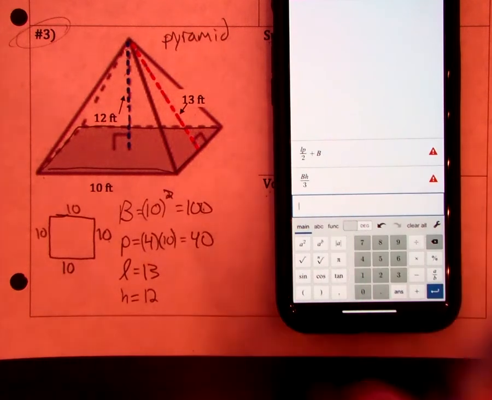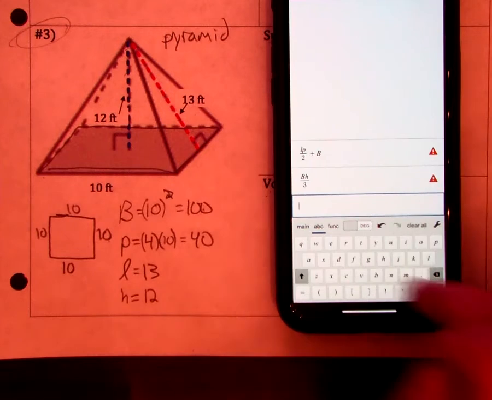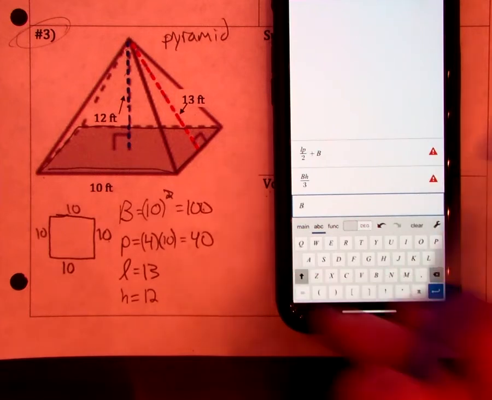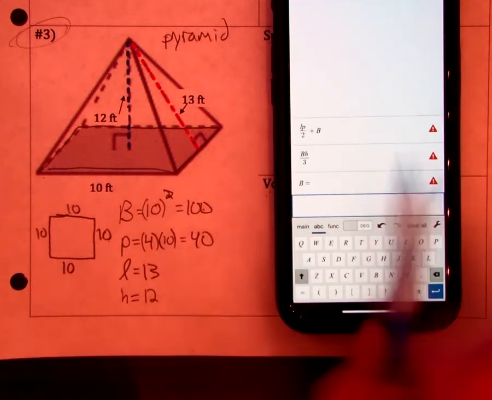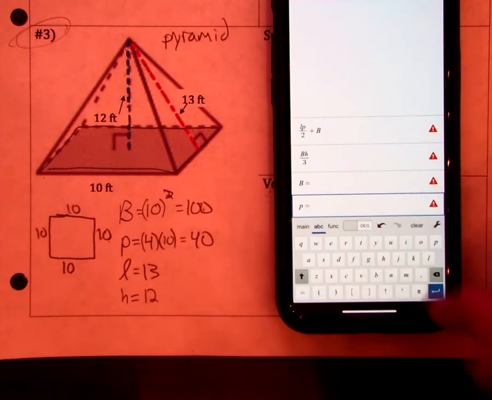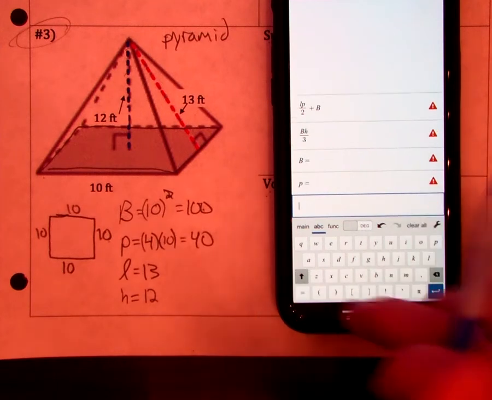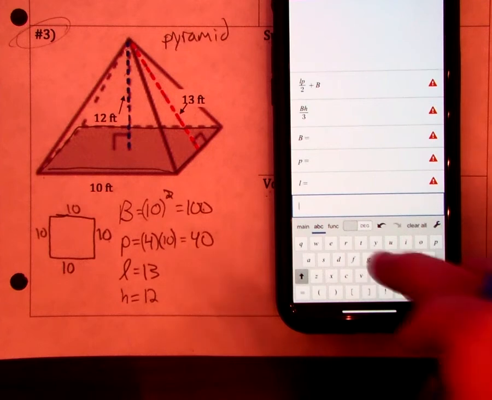So now we store our variables in. We have big B equal to a value, and I like to type these in first and then go to the numbers tab. So we have the slant height and the normal height.